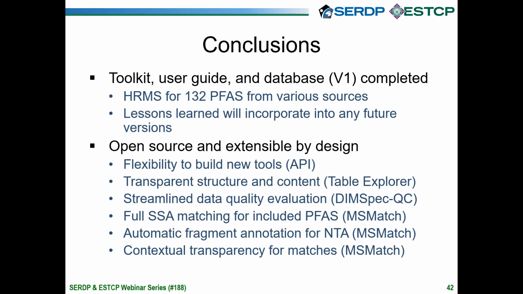We tried heavily to consider the use cases both for bench science and for developers who want to include this in larger workflows and expand out from there. That includes some exports as well to familiar library formats such as .msp. The entire DIMSPEC library for PFAS right now can be exported to an MSP if you use the NIST MS search.